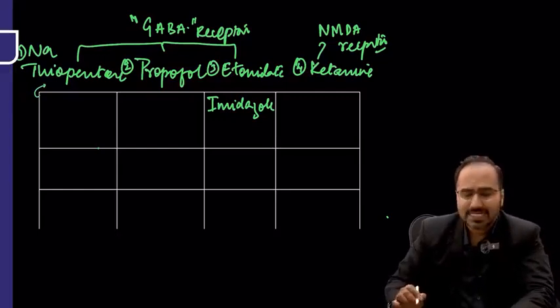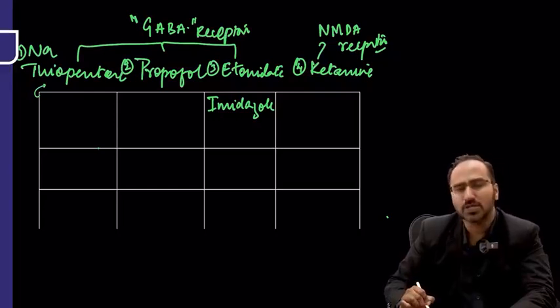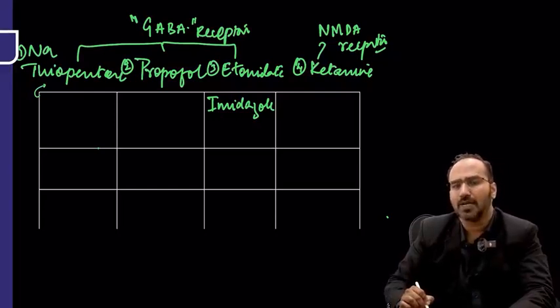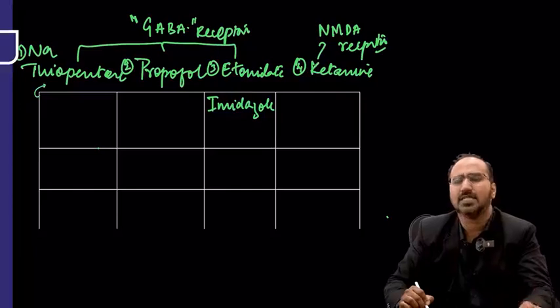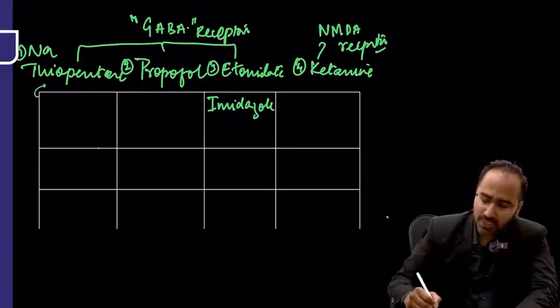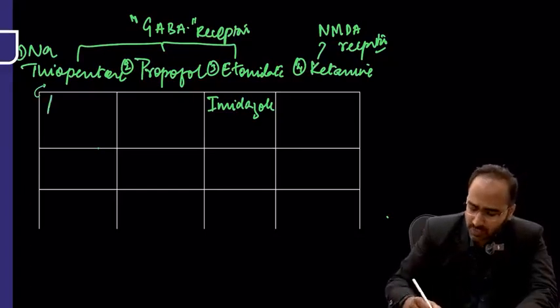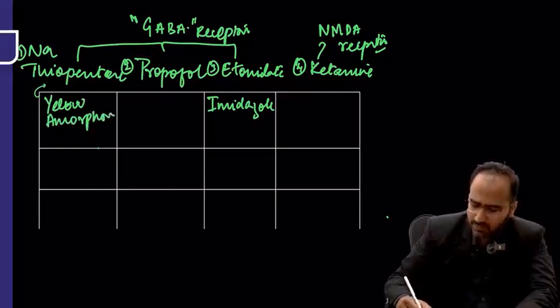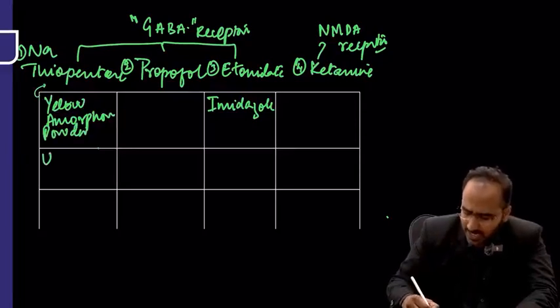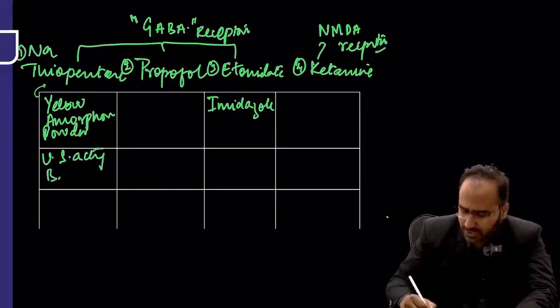Now guys, we'll discuss the IV induction agents starting with sodium thiopentone. Sodium thiopentone, we have to remember the introduction and the effects. Remember the introduction, sodium thiopentone is what? It is a yellow amorphous powder and it is regarded as an ultra short acting barbiturate.